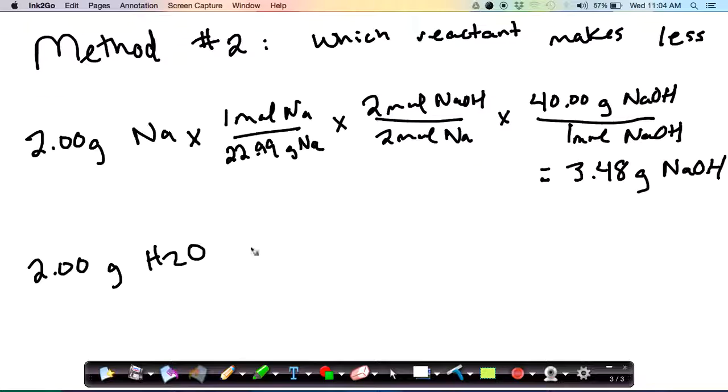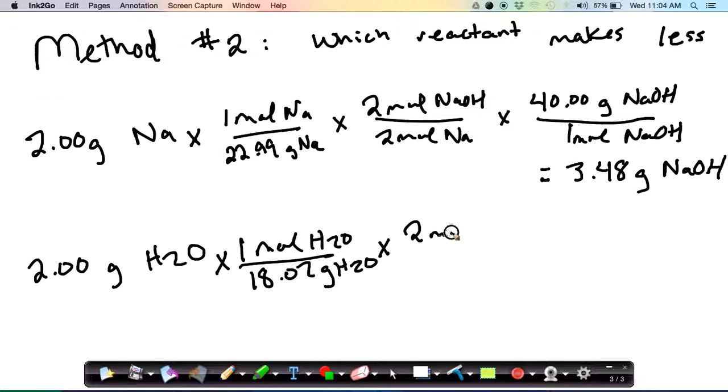So in method 2, we're going to do the same type of calculation, but starting with the other reactant, 2.00 grams of H2O. So we have to convert mass of H2O to moles of H2O. We'll multiply by the inverse molar mass of water, 1 mole H2O over 18.02 grams of H2O. Multiply by the mole ratio. It's a 2 to 2 mole ratio, still 2 moles of NaOH for every 2 moles of H2O.